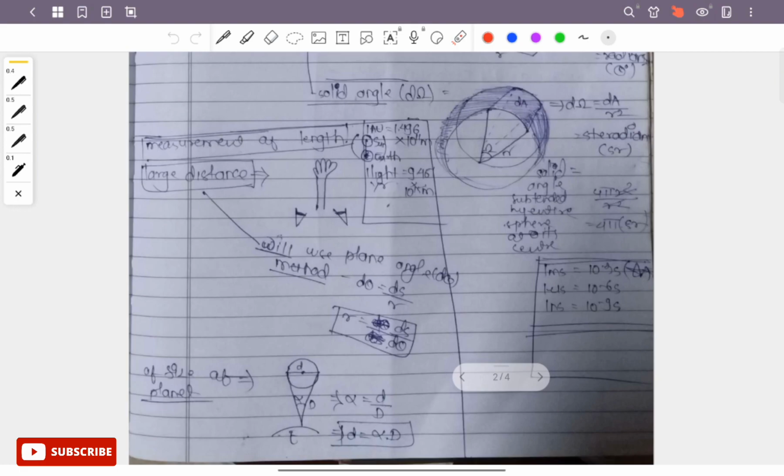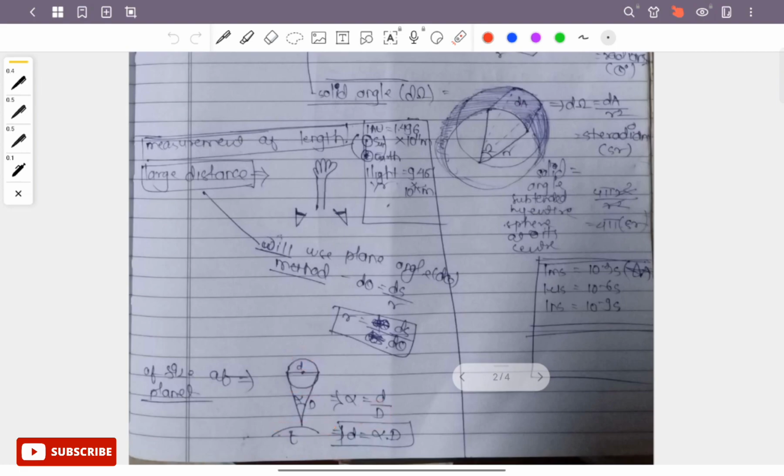If this is the sun and this is the earth, and we want to measure the size of the sun, how can we? We have a formula: alpha = d/D. Small d is the diameter of the sun, and capital D is the distance between the sun and the earth.